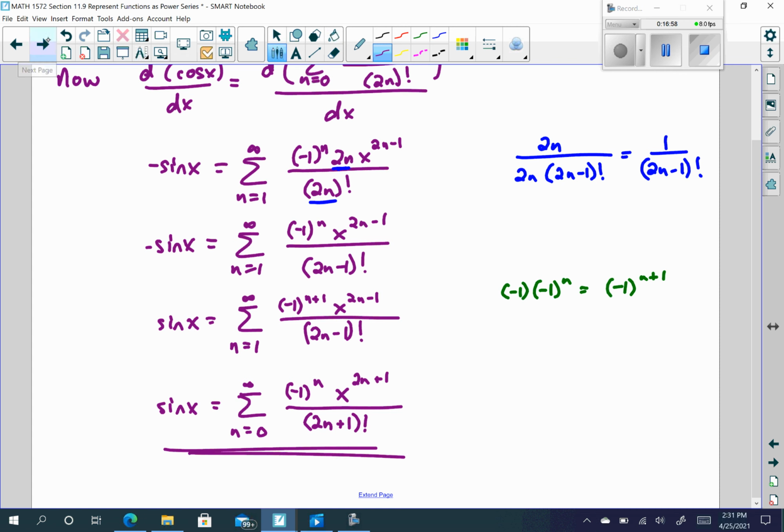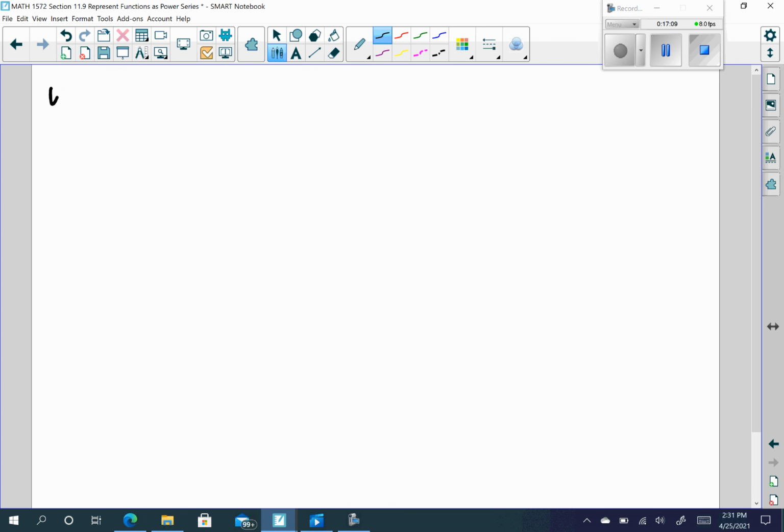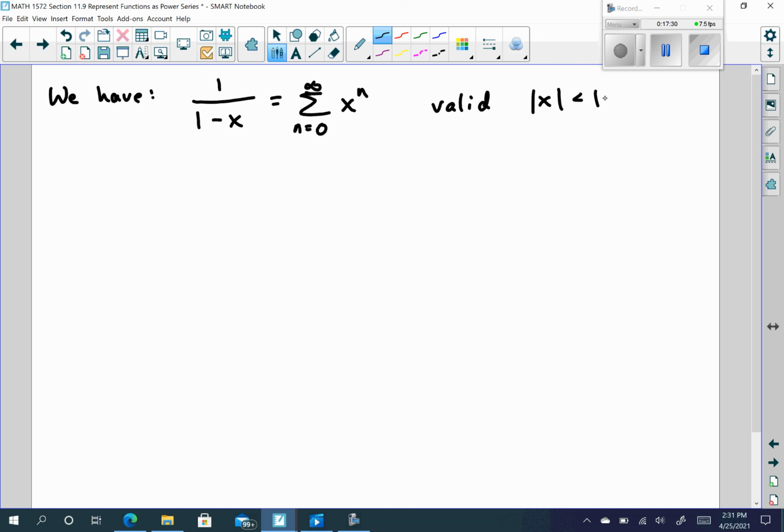So let's kind of summarize what we have so far. I'm going to add I think one more to this, but I want you guys just to memorize these. So kind of commit this to memory. So we have 1 over 1 minus x becomes the series sum as n goes from 0 to infinity of x to the nth power. This is valid for the absolute value of x less than 1.